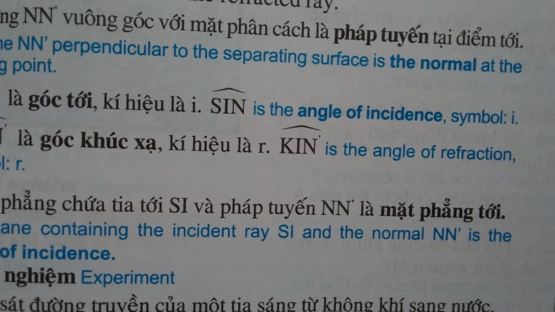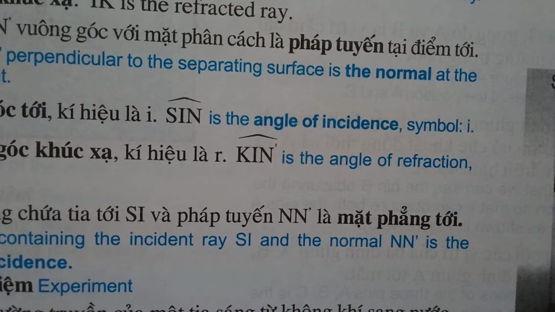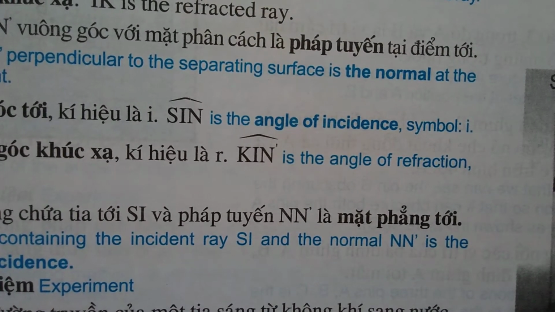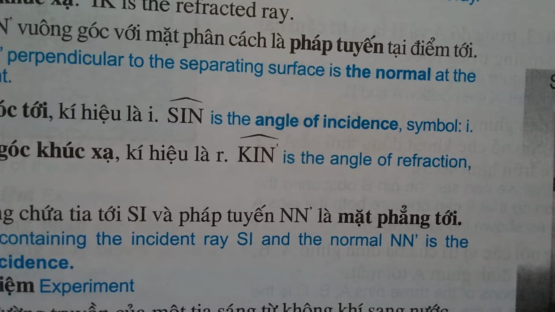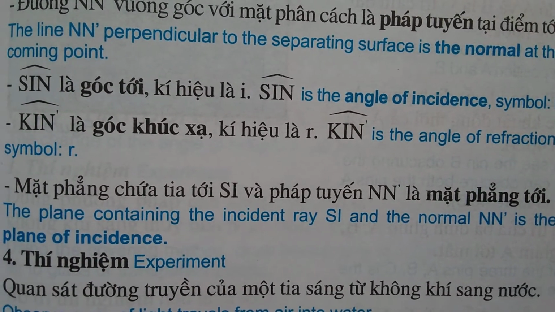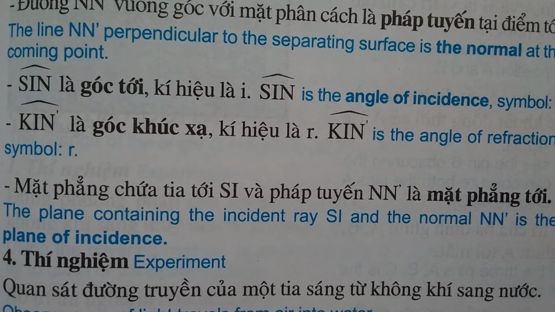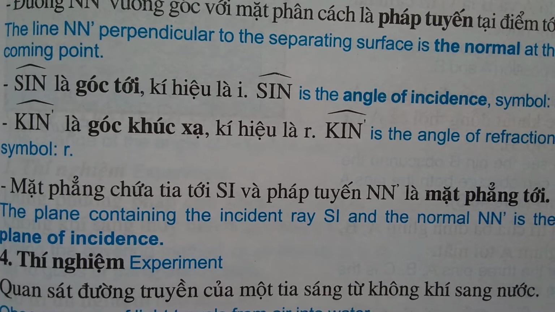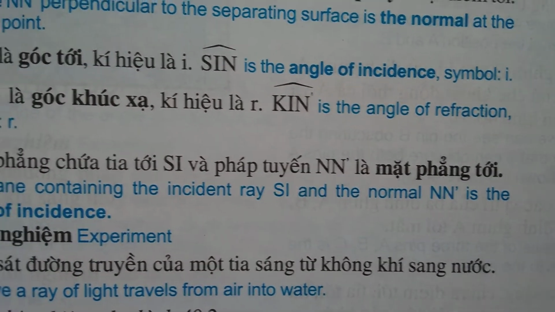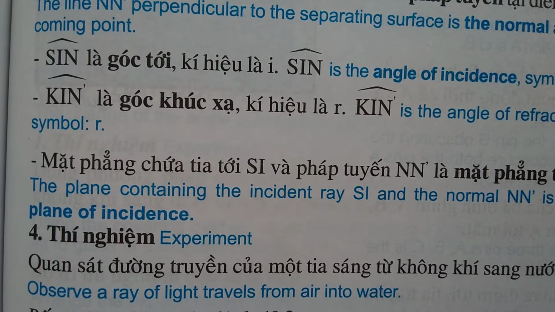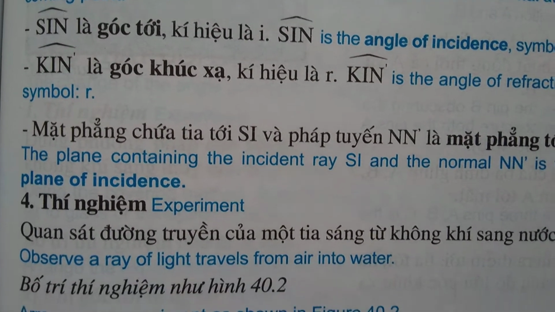SIN is the angle of incidence, symbol i. KIN is the angle of refraction. The plane containing the incident ray SI and the normal NN prime is the plane of incidence.